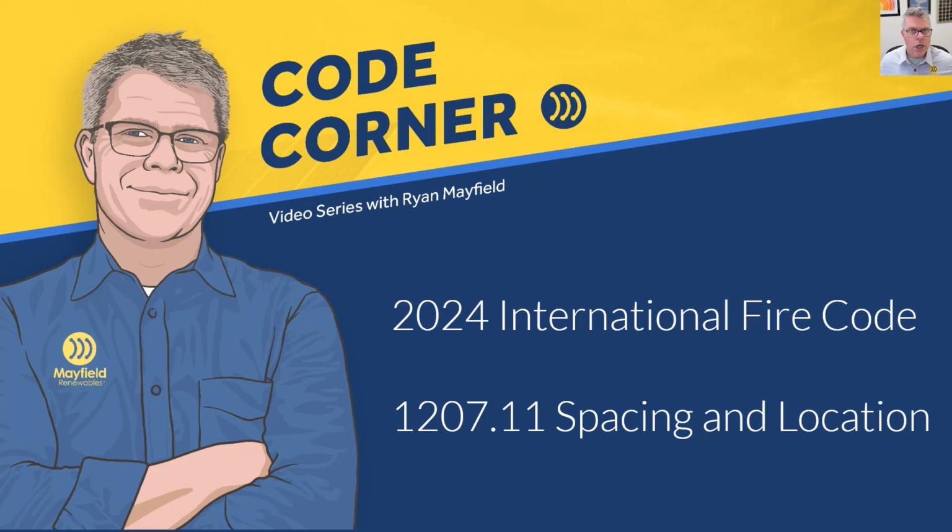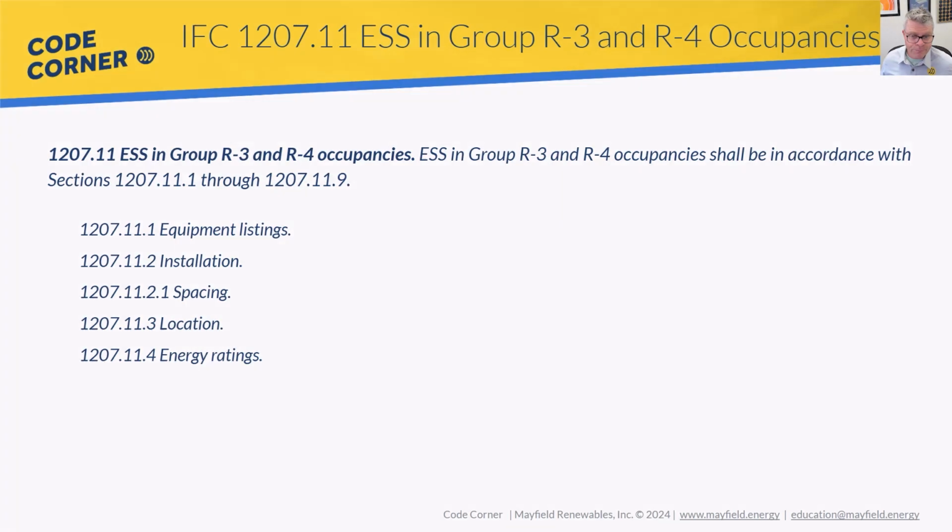I know we don't talk a lot about residential specific type applications, but in this video, that's what we're going to do, looking at the spacing and separation that we have for that type of application explicitly. So just to kind of set the stage, 1207.11, just going to look at some of the subsections there.